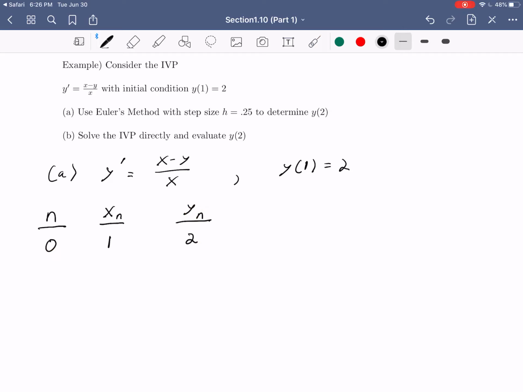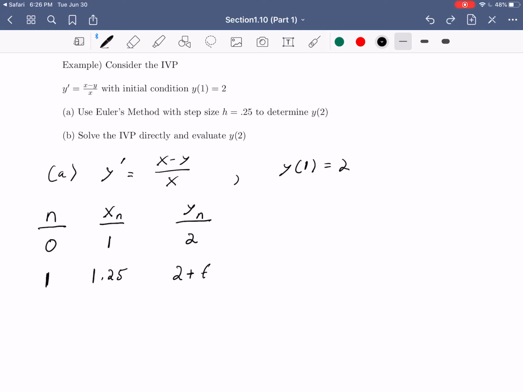So now we're going to take a step forward. So this would be n equals 1. What is going to be our next x? Well, we move forward by 0.25, so this would be our approximation at x being 1.25. And now we need to find our next y value. So to do that, we're going to do 2 plus the differential equation, which I'm going to write as f, meaning this thing here, evaluated at this previous moment, so evaluated at (1, 2).